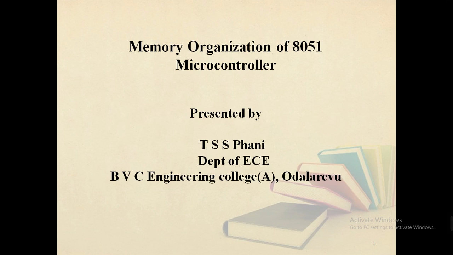That is, how memory is organized, how the processor accesses each memory, and how to interface external memory with the 8051 microcontroller. Before going into the details of the 8051 memory organization, first we will see a little bit about computer architecture and then proceed with memory organization.